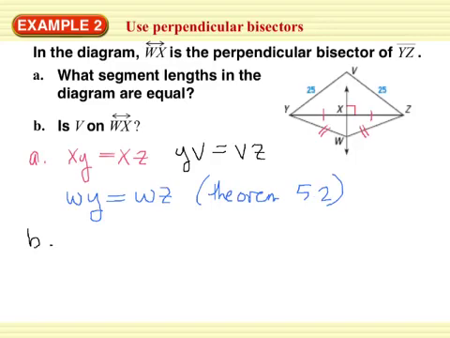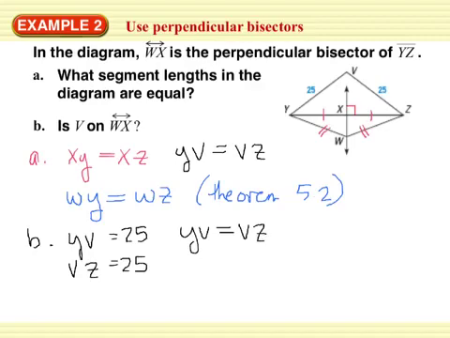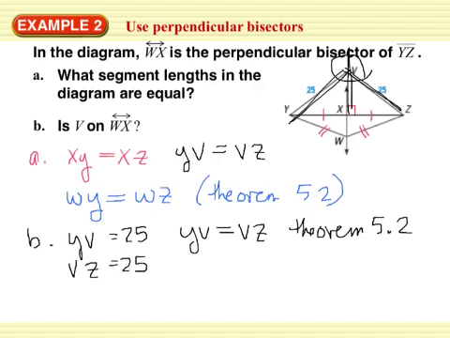Part B: Is V on WX? We know that YV equals 25 and VZ equals 25. So YV is congruent to VZ. Theorem 5.3, the converse theorem, says if these two pieces are congruent, then this point lies on the perpendicular bisector.